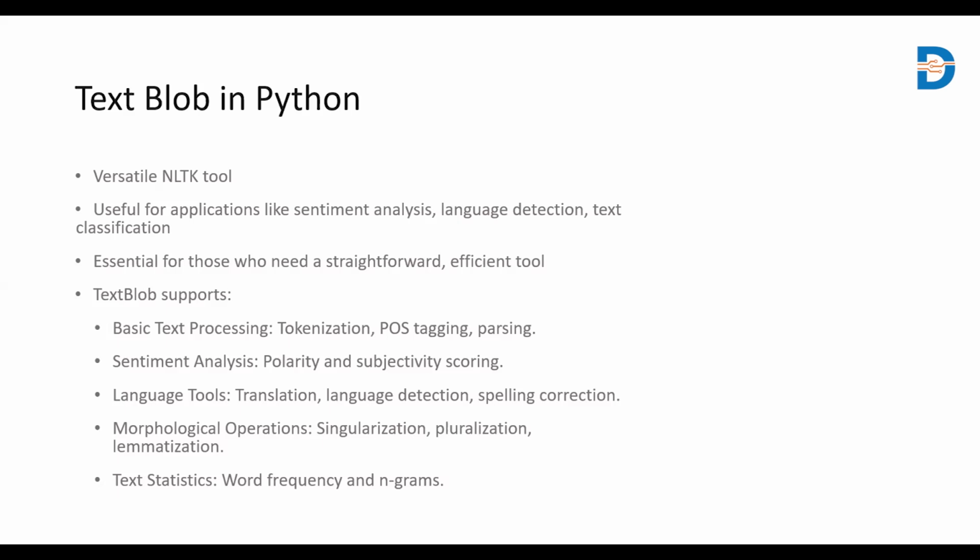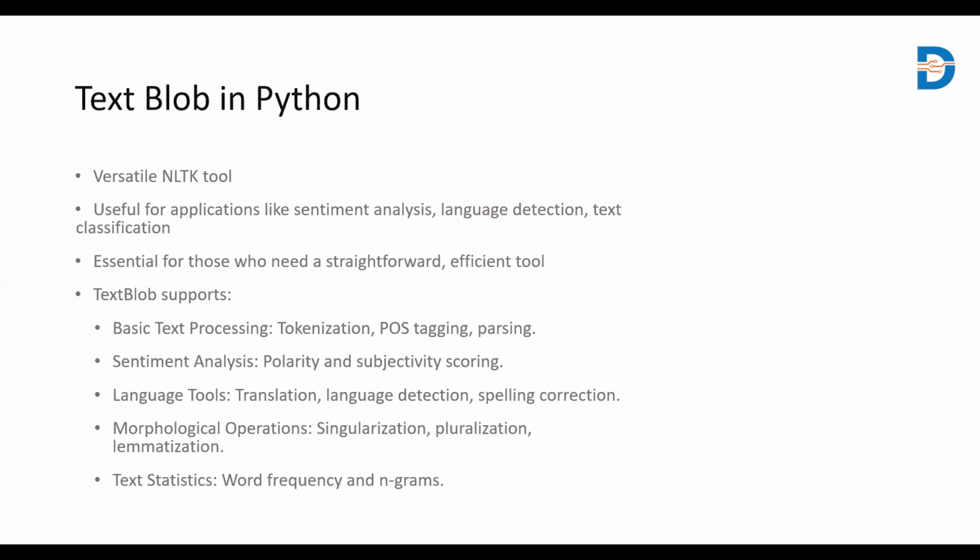But among all the functionalities that TextBlob offers, sentiment analysis is one area where we rely on it, where it is extremely reliable. Lightweight text analysis is something that it provides. It is also extensively used in language detection and text classification in small to medium scale projects.